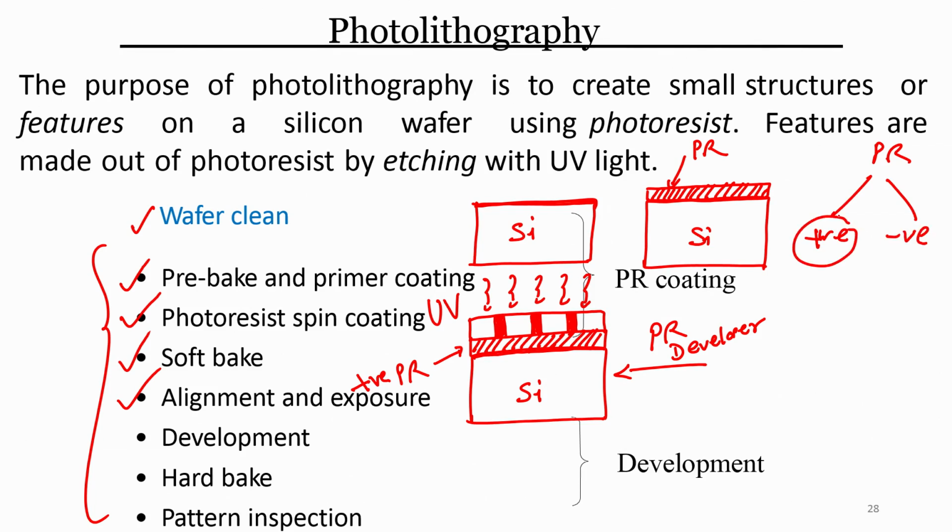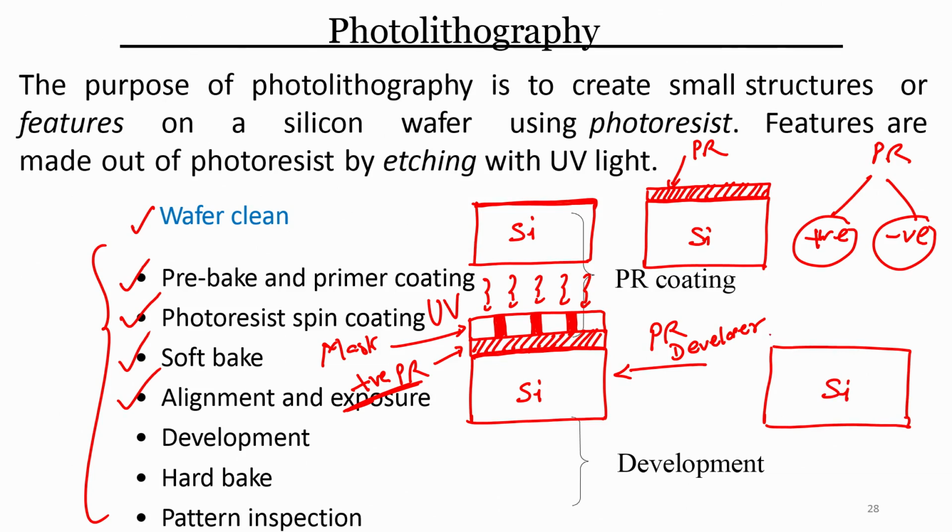Positive photoresist will have the same pattern that is on the mask, negative photoresist will have the opposite pattern. That means if I use positive photoresist, and expose this, and my mask looks like this, then when I develop it, on my silicon substrate I will be able to replicate whatever pattern was there on the mask.